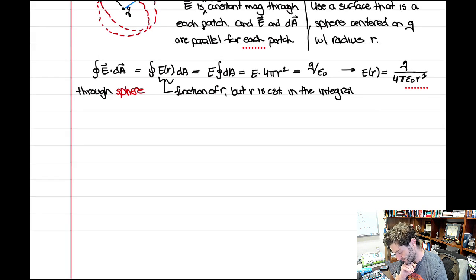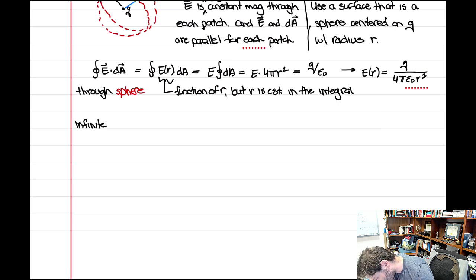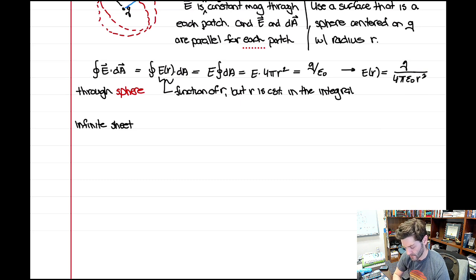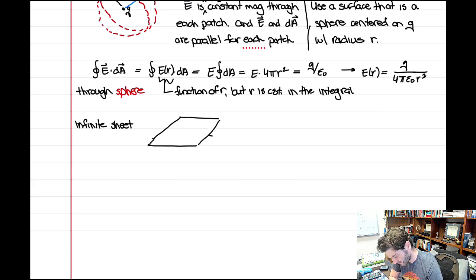Let's do a sheet. I said I have the infinite sheet. So in this case, let me just draw a finite part of the sheet. And this goes off in all directions, of course, forever.